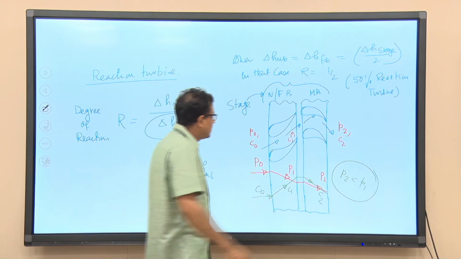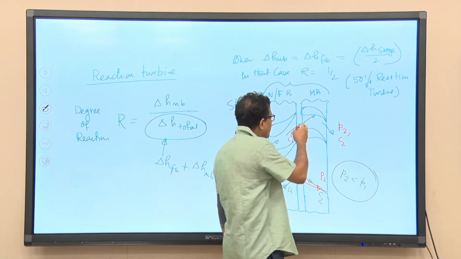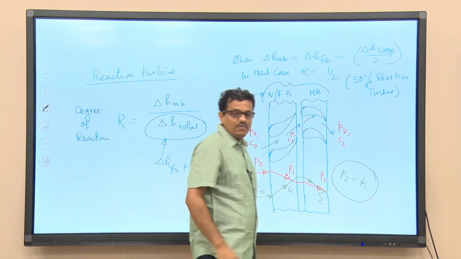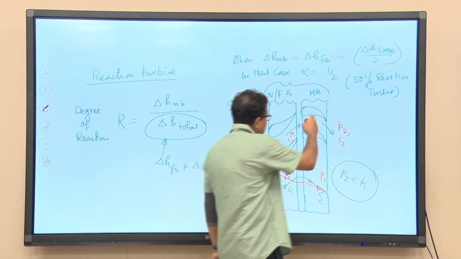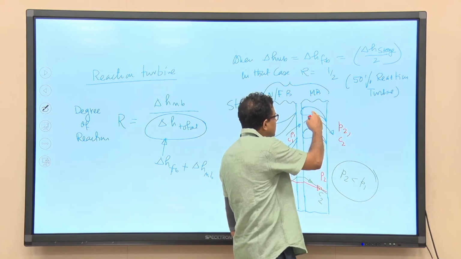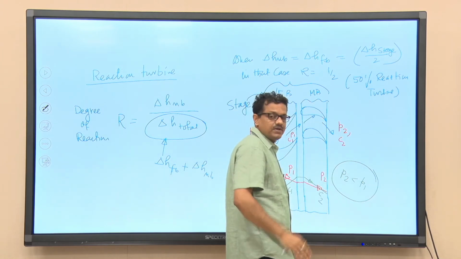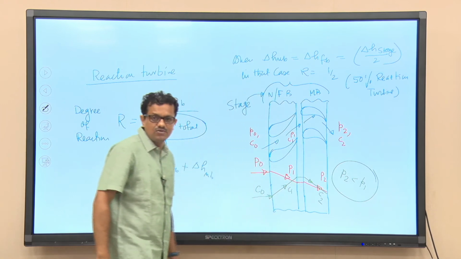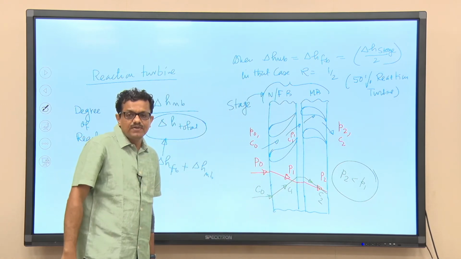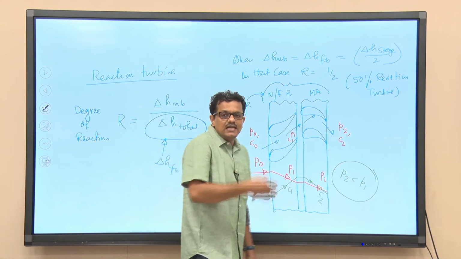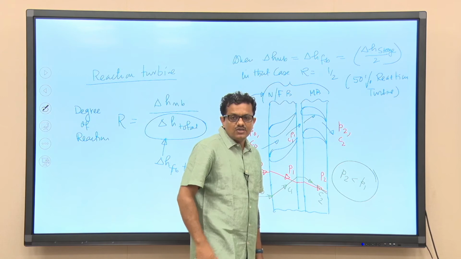So, when steam in the form of jet is striking the moving blades, it is getting deflected as it passes through the row of moving blades, and because of this change in direction, momentum change will be there. So, because of this impingement action, we will be getting this impulsive effect.